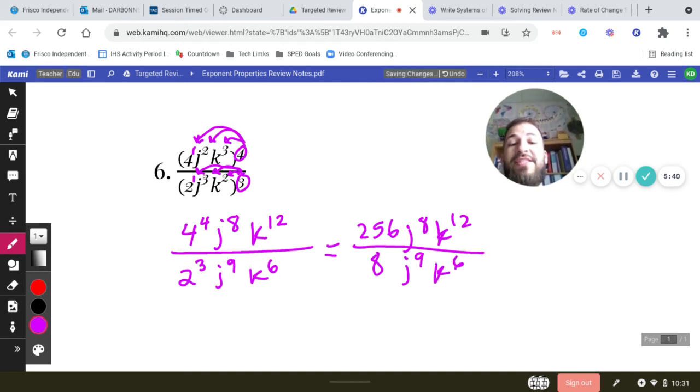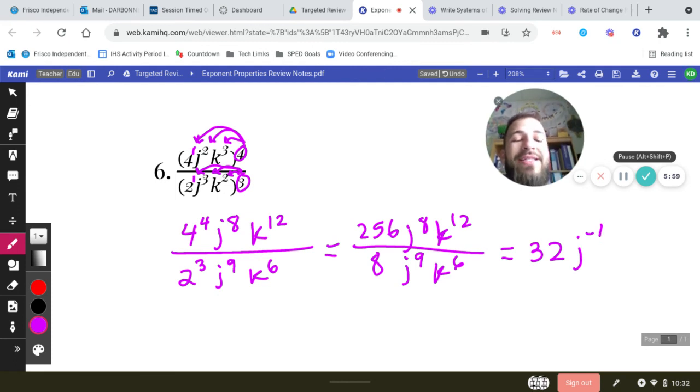Okay, so 256 divided by 8 is 32, and of course, I did that because it's just numbers by themselves, so I just divide them like I would normally in a fraction. J to the eighth over j to the ninth. 8 minus 9 is j to the negative 1. K to the 12th, k to the sixth. 12 minus 6 is k to the sixth.